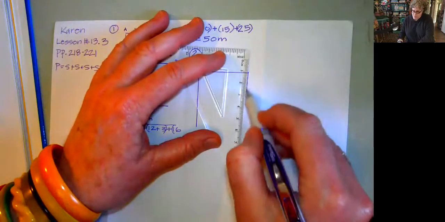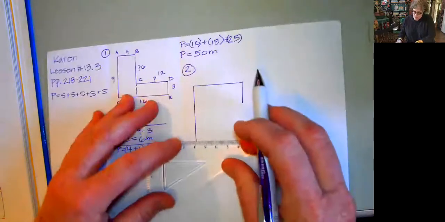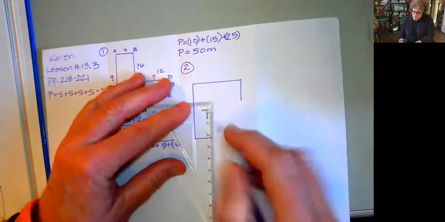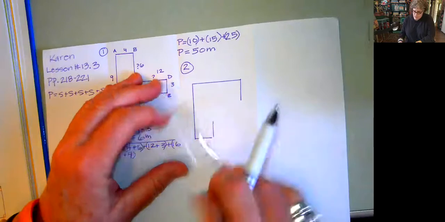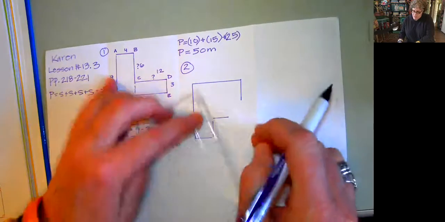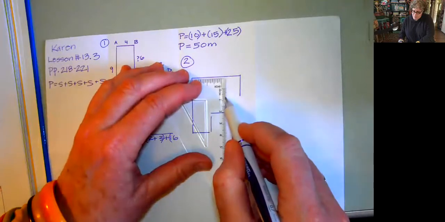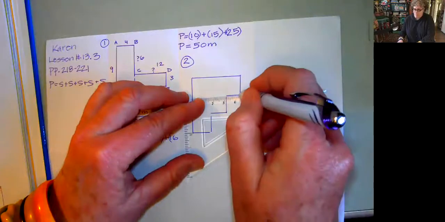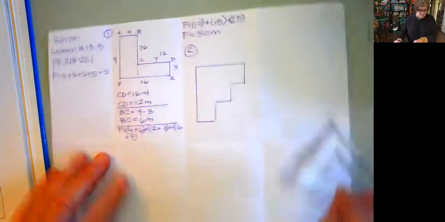And then we have one here and one here. And then we're going up one and across. And up one and across. Okay, so it looks basically like that.